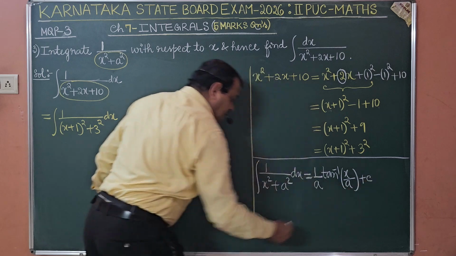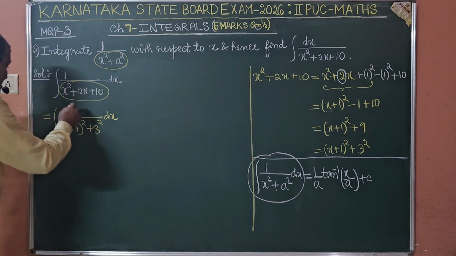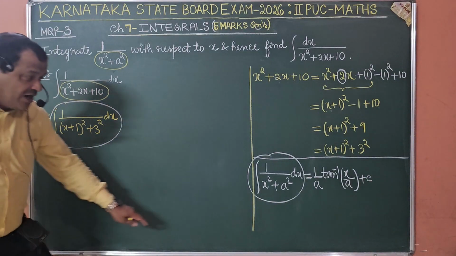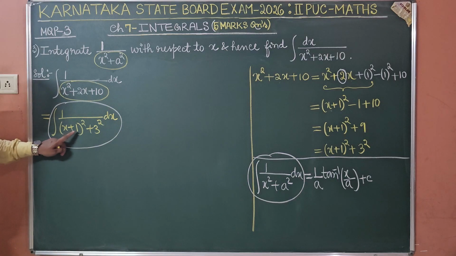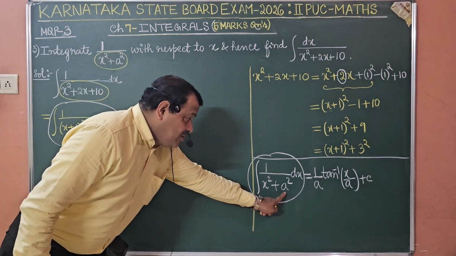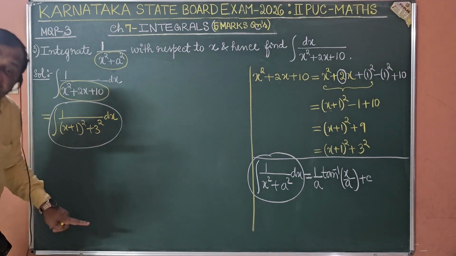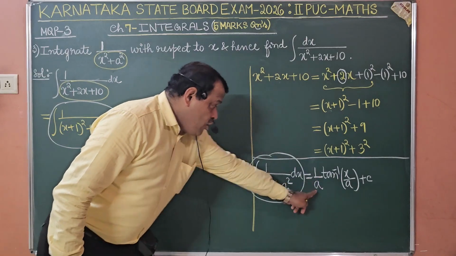Now I request you, please compare this with this. Can you tell me what we have in place of x? We have in place of x, x plus 1. What do we have in place of a square? We have 3 square. Therefore, a is 3.